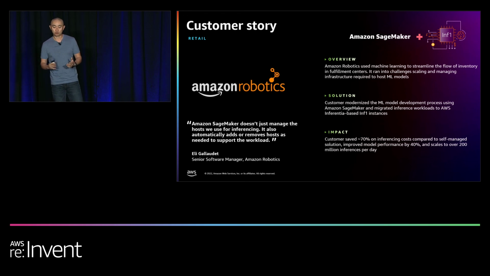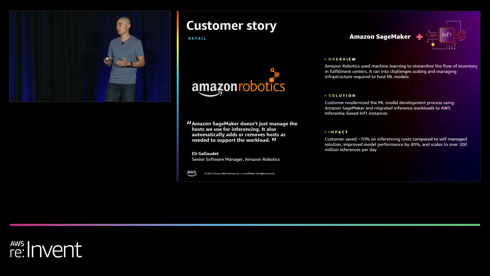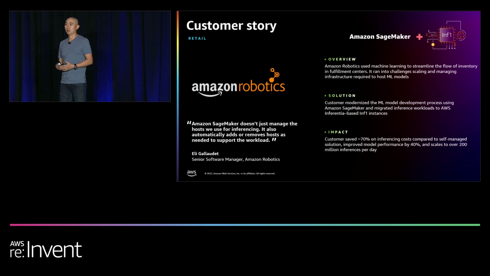They managed to reduce the cost for inference by up to 70%, and also improve the performance of the workflow by 40%. At the same time, they're able to do more inference per day. Now they're capable of scaling up to 200 million inferences per day, which is a very big number given the size of operations we have.